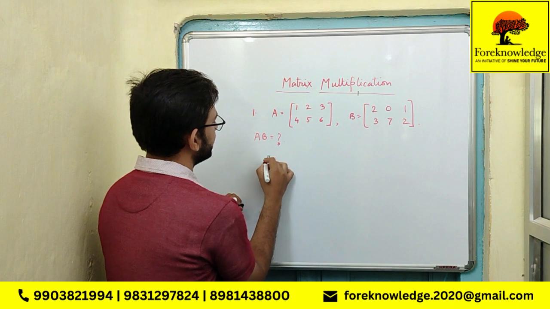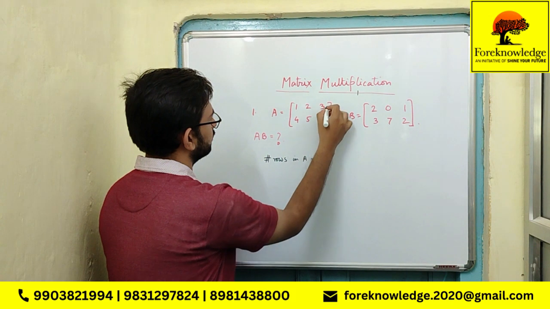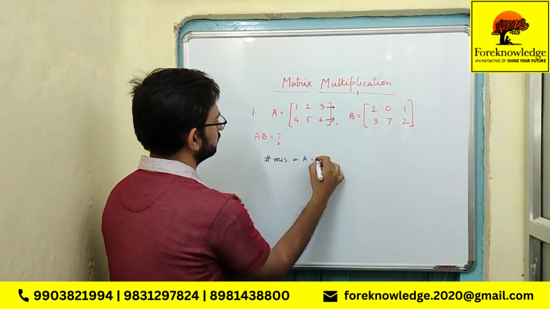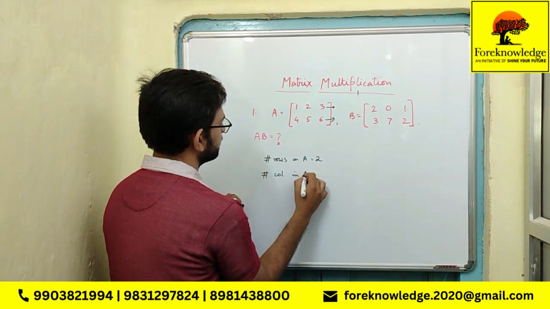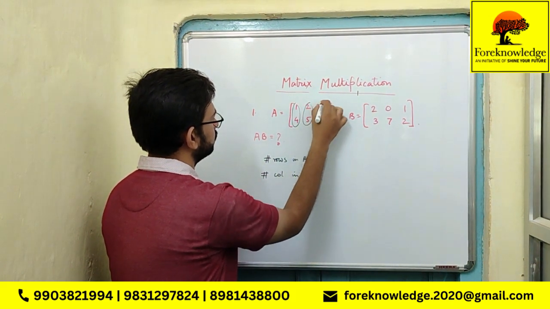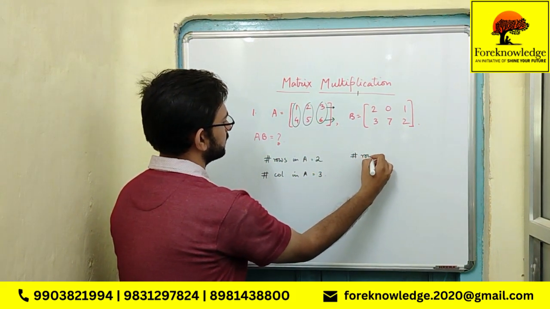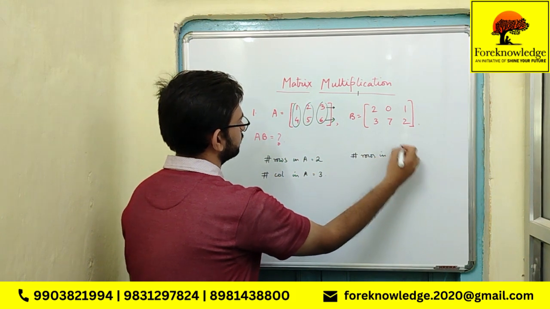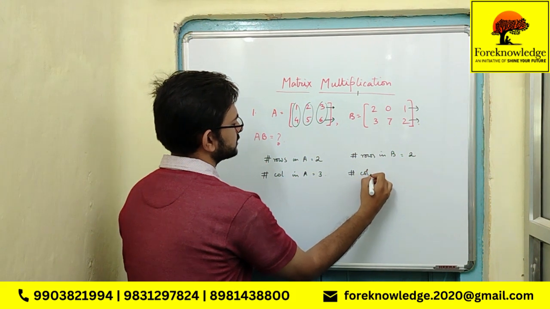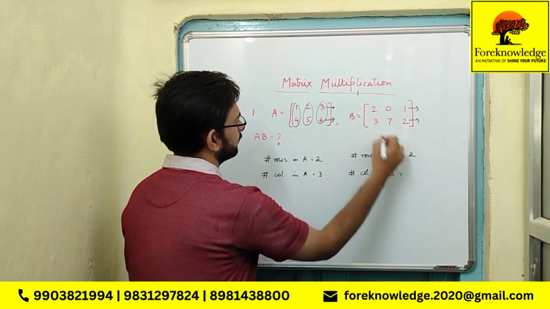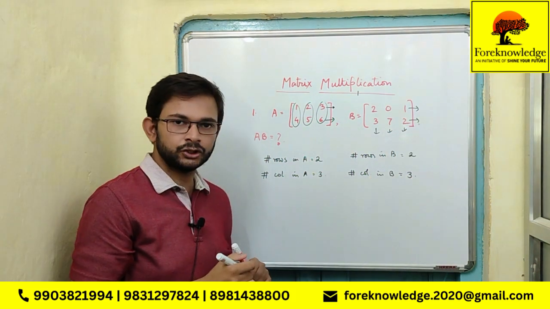Number of rows in A is 2. Number of columns in A is 3. Number of rows in B is 2. Number of columns in B is 3.